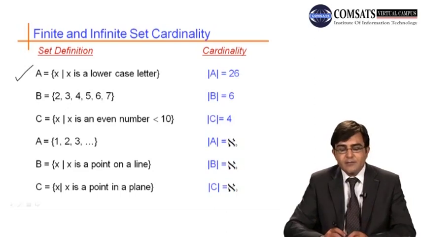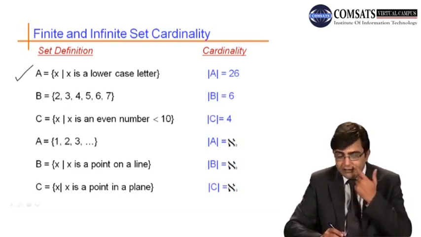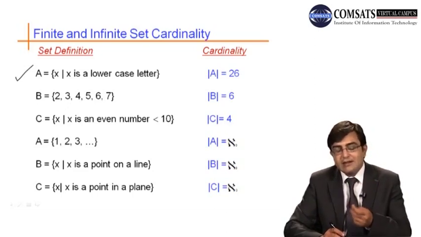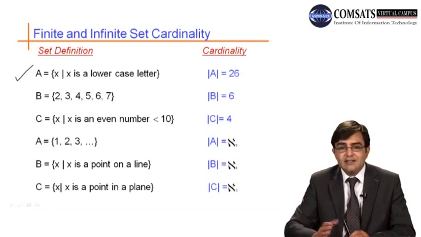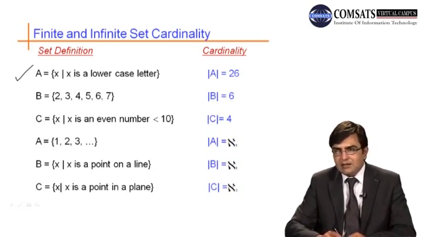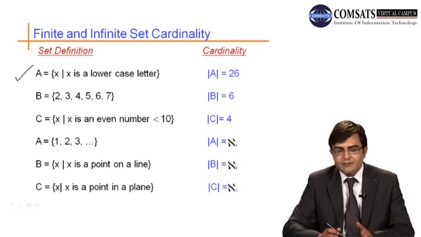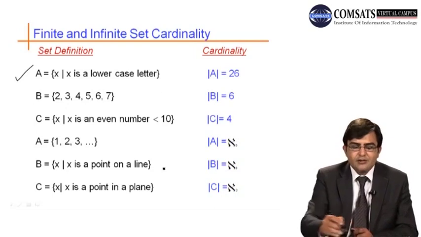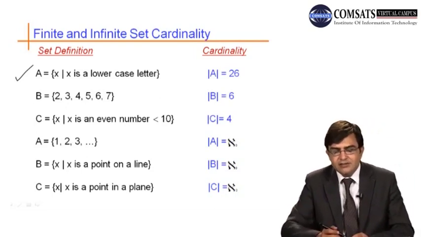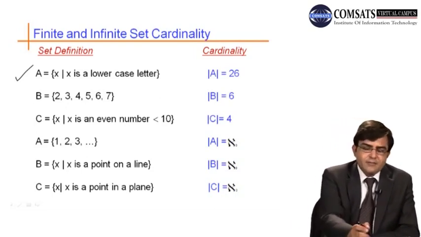We can write a set in different forms. You have studied in earlier classes that we can write a set in a descriptive form, that is, we can write in English a set A which contains the elements which are lowercase letters, or we can write it in this form also.